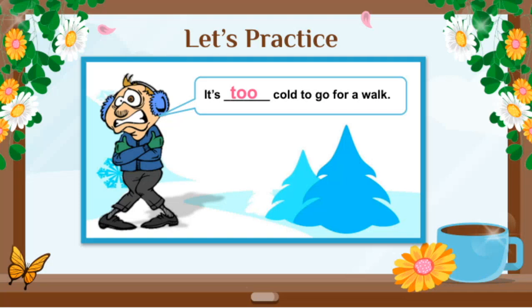Today, we're going to practice using the phrase, "It's too cold to go for a walk." This is a useful way to express when the weather is too cold for outdoor activities. Notice how we fill in the blank with different words to convey varying degrees of coldness. For example, if it's extremely cold, we might say "really cold," or if it's not so cold, maybe just "a little cold."